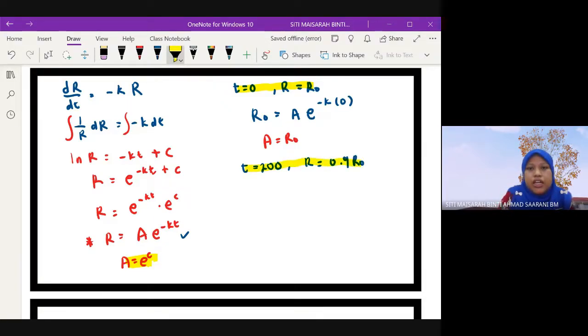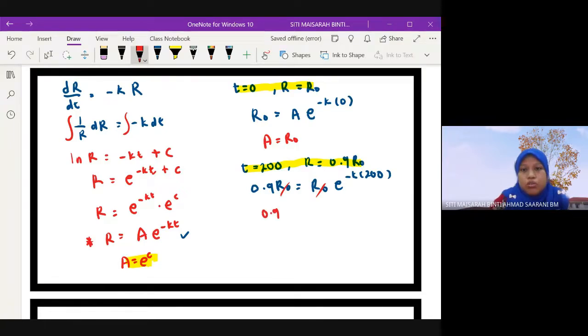So gantikan r dengan 0.9 r0 and then a r0 e negatif k darab dengan 200. Okay, so R0 ni dia boleh cancel lah, dia habis lah, dia bahagi kan. So jadi tinggal 0.9 equals to e kuasa negatif 200k.